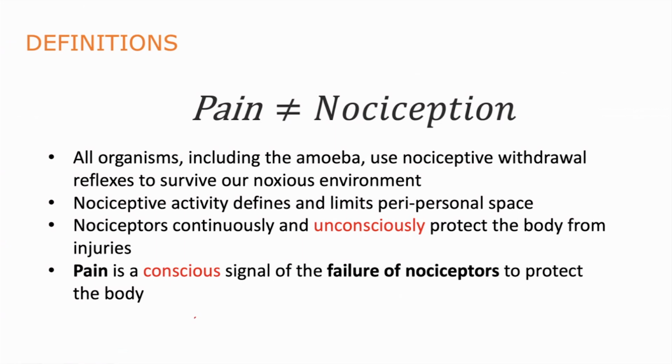So in that sense, my definition, this is not the IASP definition, it's my definition, is that pain is a conscious signal of the failure of those receptors to protect the body. They are still mediated by nociceptive signals, but the nociceptive signal has become conscious because their protective ability has failed. It's a nuance, but I would like you to appreciate it.